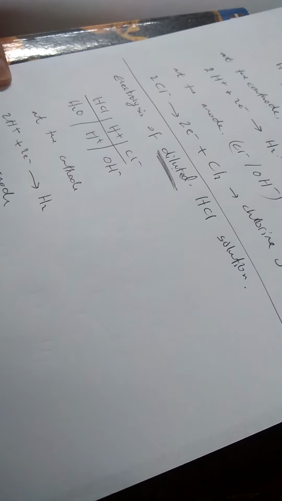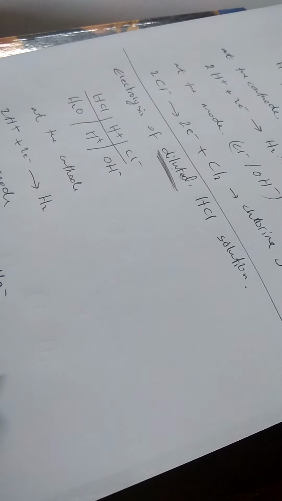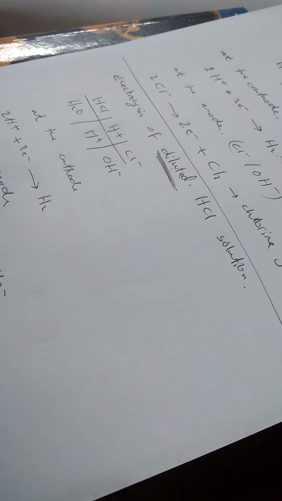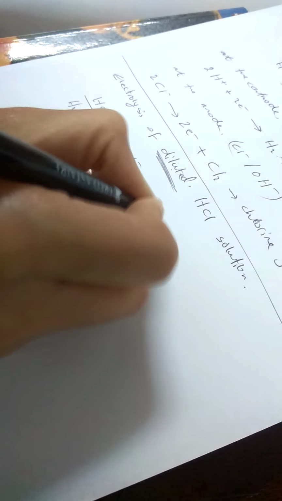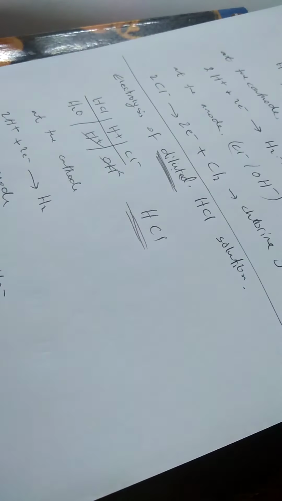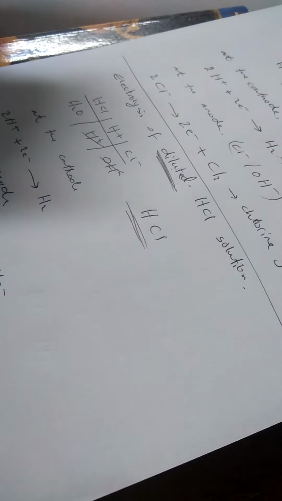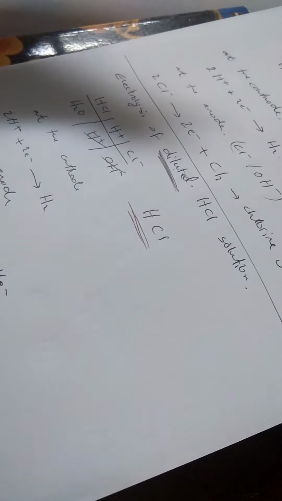So only the hydroxide ion will be involved in the reaction and will be oxidized. So I will have oxygen gas. The leftover here is HCl, as if I just did not put any acid in this solution, as if it's only water.